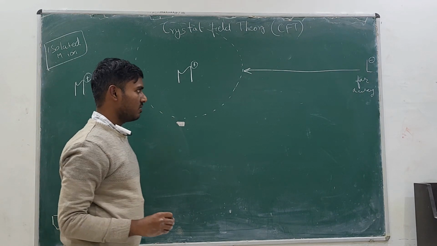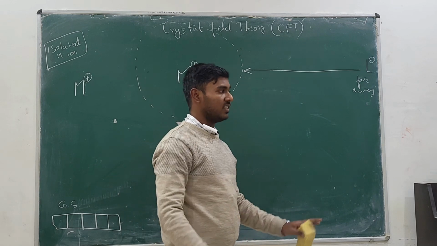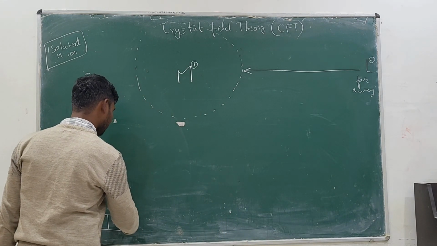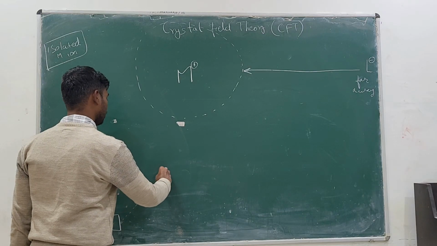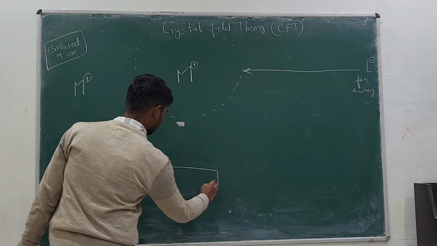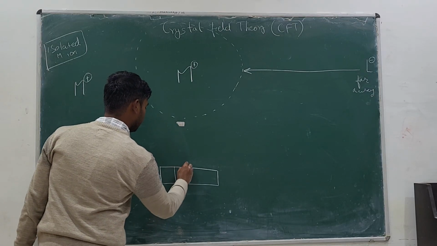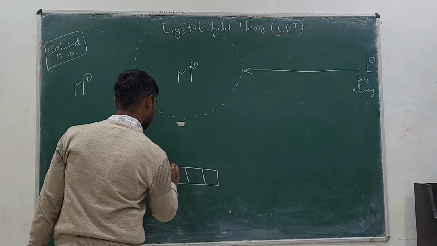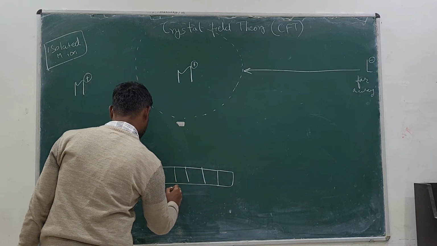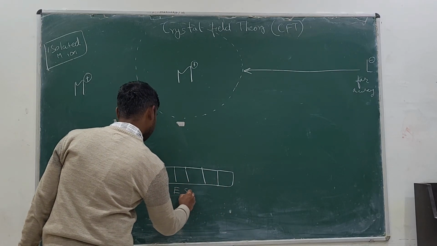And whenever ligands are far away from the metal atom, it experiences the uniform crystal field. So our d orbitals come to the excited state, but not yet split. This is our excited state.